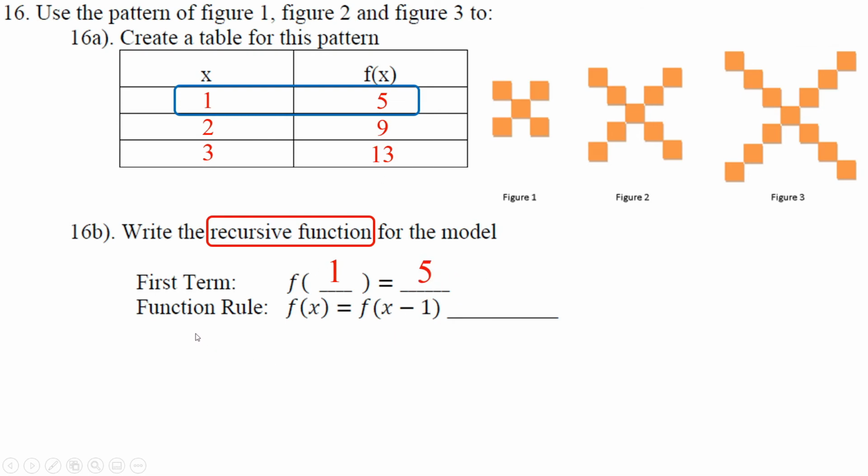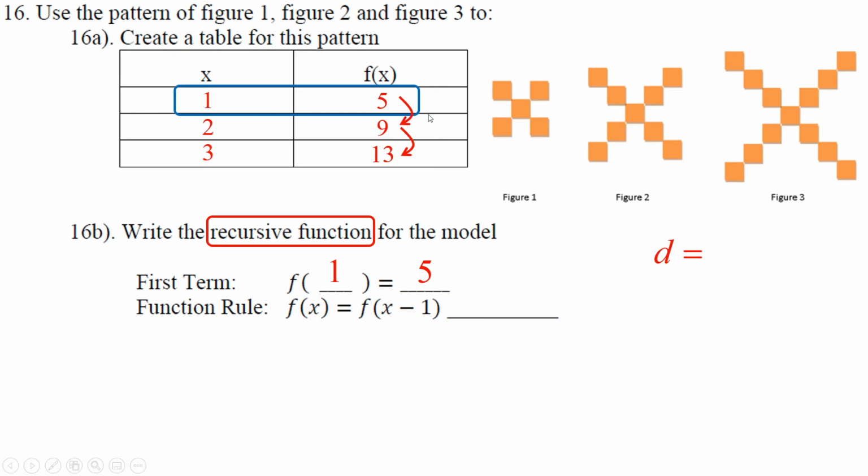And now the function rule, which we call the recursion equation, f of x equals f of x minus 1. And now how are my f of x changing right here? Do I have a common difference or a common ratio? It looks like I have a common difference. What am I adding every time?